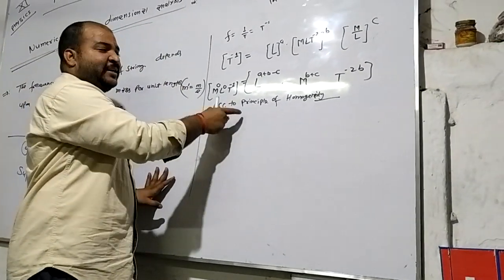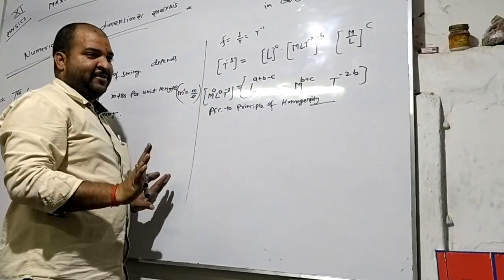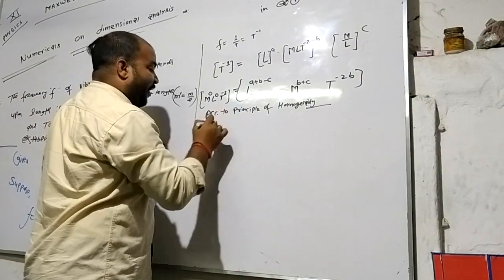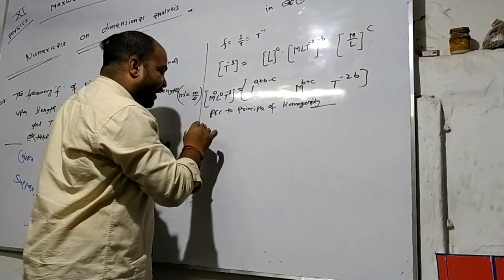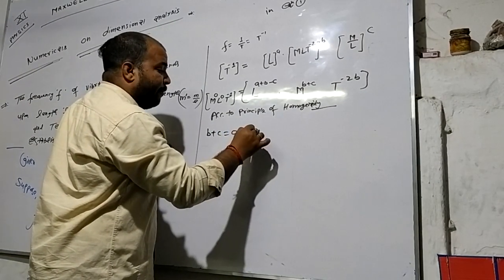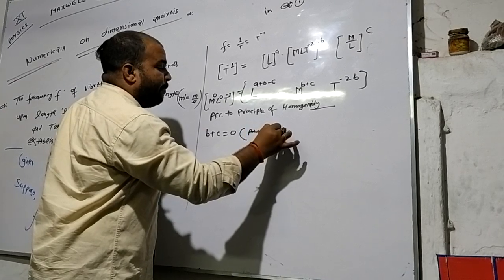Only in that condition does the equality hold good in the relation. So according to the principle of homogeneity, the power of M should be equal on both sides. So we can say b plus c equals 0, the power of M.